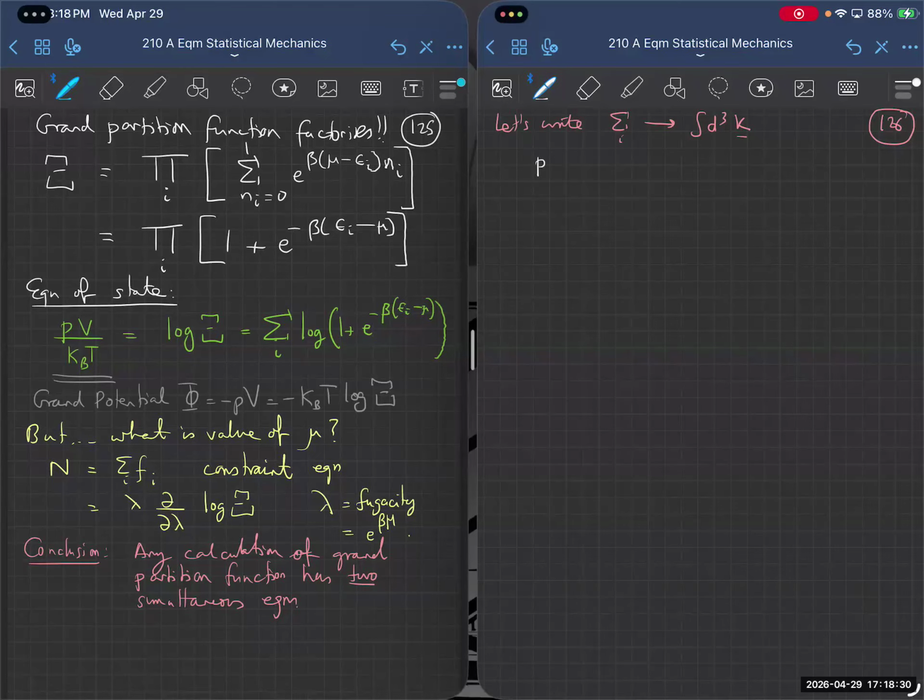Then what I'll get is that PV over KBT is equal to V over 2 pi cubed times the integral d3k of the logarithm of 1 plus lambda e to the minus beta h bar squared k squared over 2m. So that's the equation for PV over KT. And here there's no spin degeneracy.